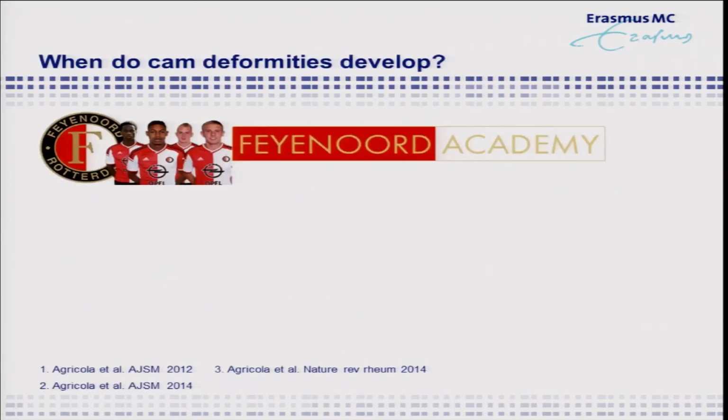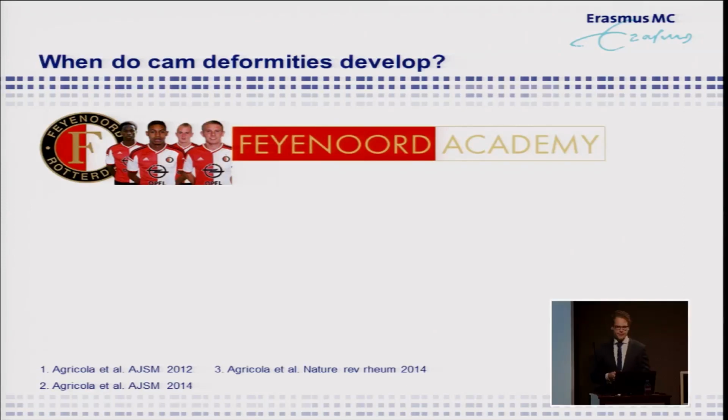So we designed a study 5 years ago in which we studied youth soccer players in the age from 12 till 18 years. And 5 years ago, we didn't know what to expect. We basically first wanted to study participants from 9 until 18 years, but we didn't get ethical permission for that.